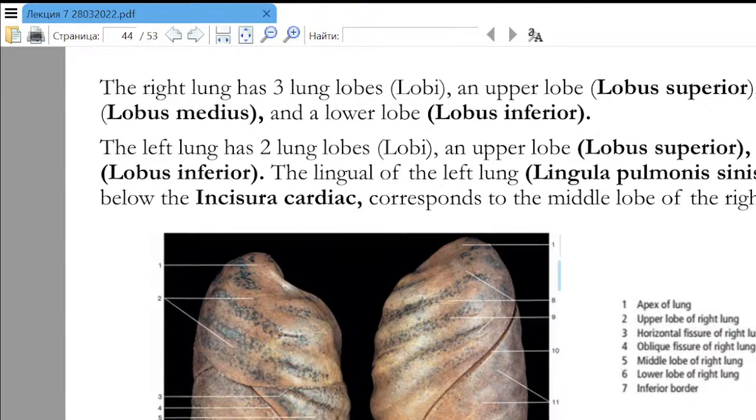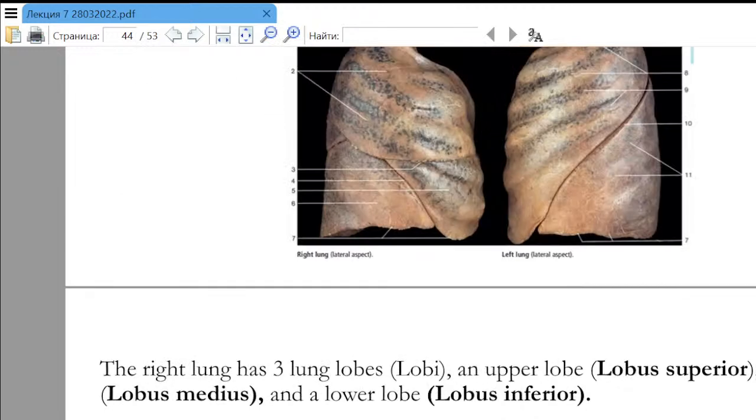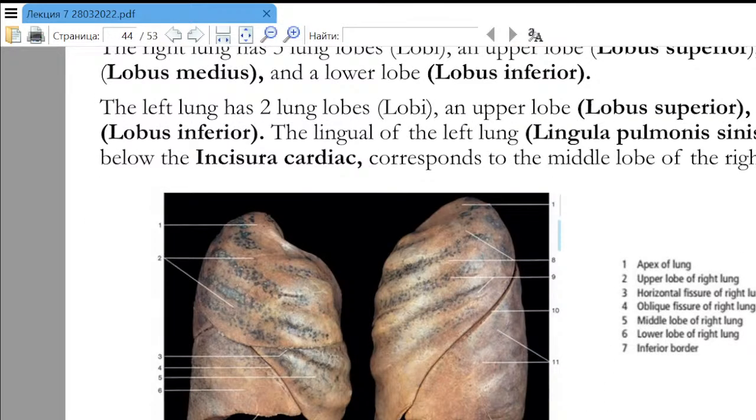The lingula of the left lung, lingula pulmonis sinistra, runs below the incisura cardiaca. This is absent on the right. It corresponds to the middle lobe of the right lung.